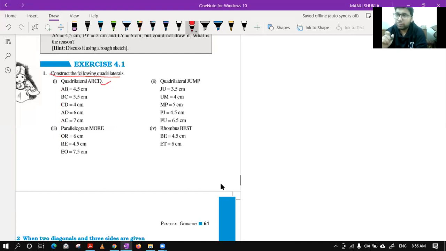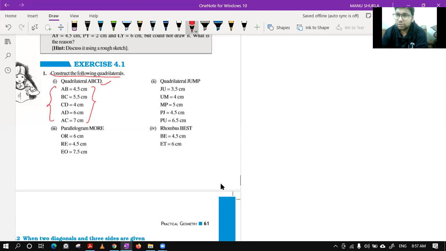Without drawing a rough diagram, if you directly start making the quadrilateral, sometimes you will get confused which side to be taken as which one. Okay, which one is diagonal? Class, can you see directly and say which one is diagonal? Just by looking at it, can we say which one is diagonal? Okay, Harshul, you may guess, but it is not correct always.